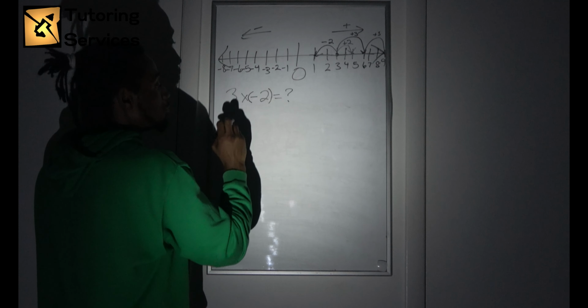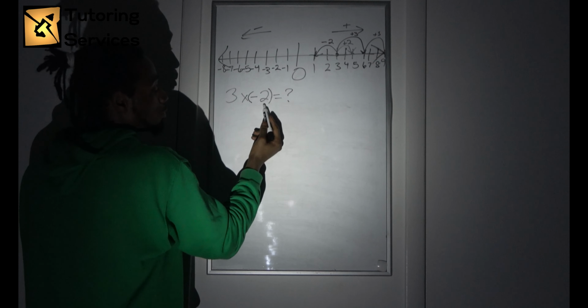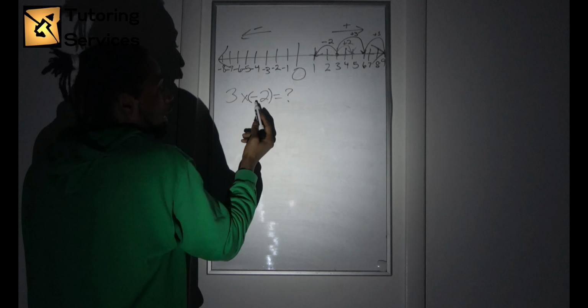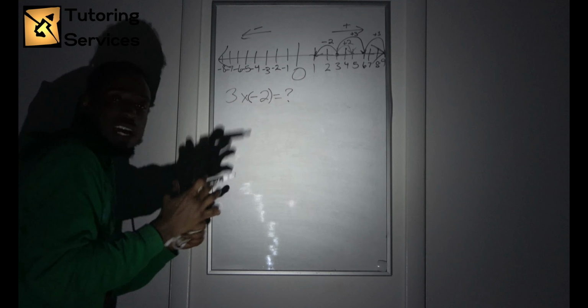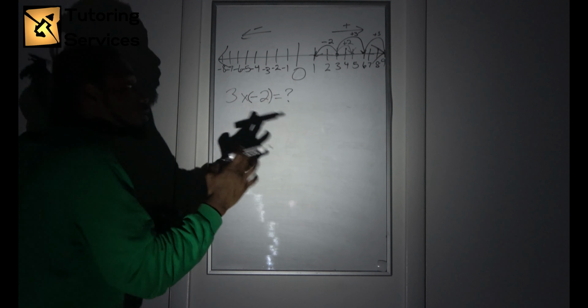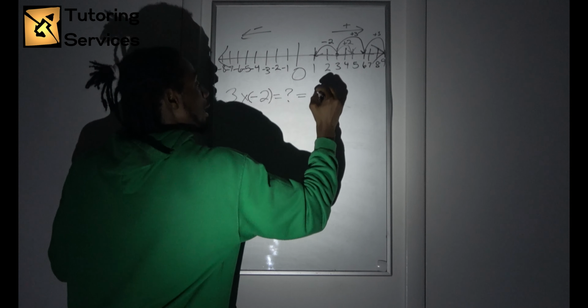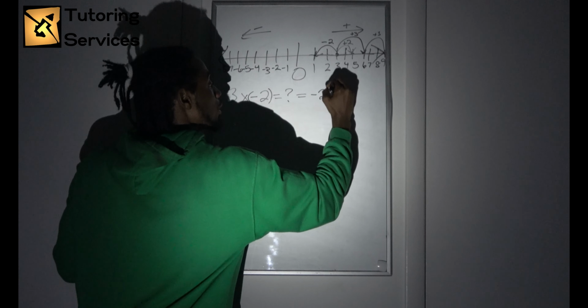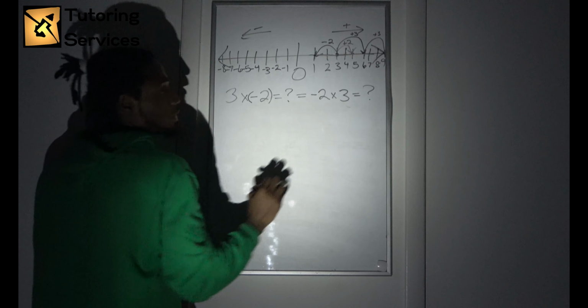Well, we know that this is 3, the multiplicand, and this is the multiplier. This shows you how many times is being multiplied, but that negative kind of is confusing. Well, you need to know that you can always take this and rewrite it as negative 2 times 3. And now we want to know what that equals.